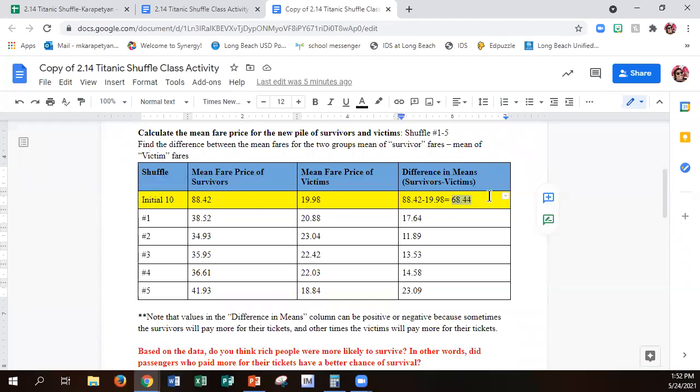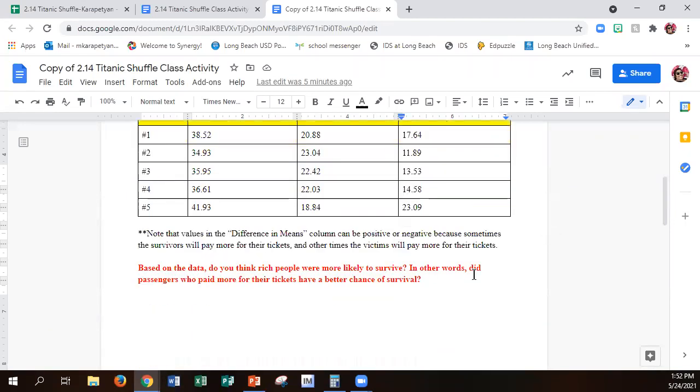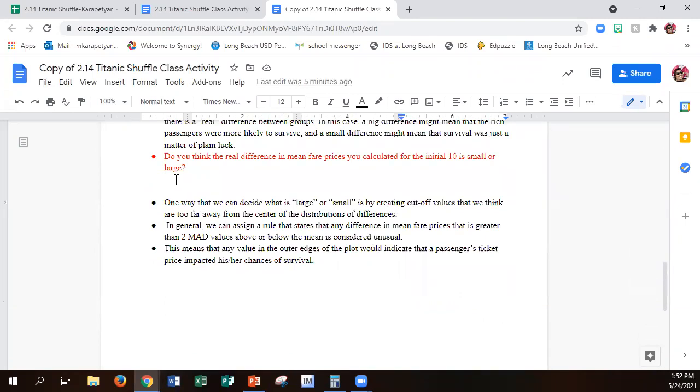This is the real data. So the question here, it's on your document: do you think the real differences in mean fair prices that you calculated for the initial 10 is a small value or a large value? And of course, that goes with a Y, right? So go ahead and finish answering that question. I'll give you guys 2 minutes to do so.